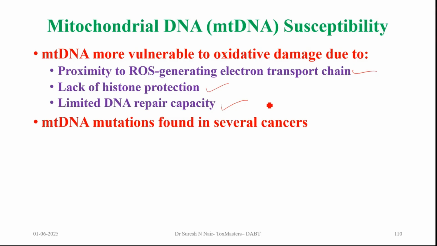We have studied nucleotide excision repair, base excision repair, sister chromatid exchange, all those mechanisms by which the DNA can survive a mutation. But that repair mechanism is not present in the mitochondria. So because of these three reasons, mitochondrial DNA is much more sensitive to carcinogenic attack.